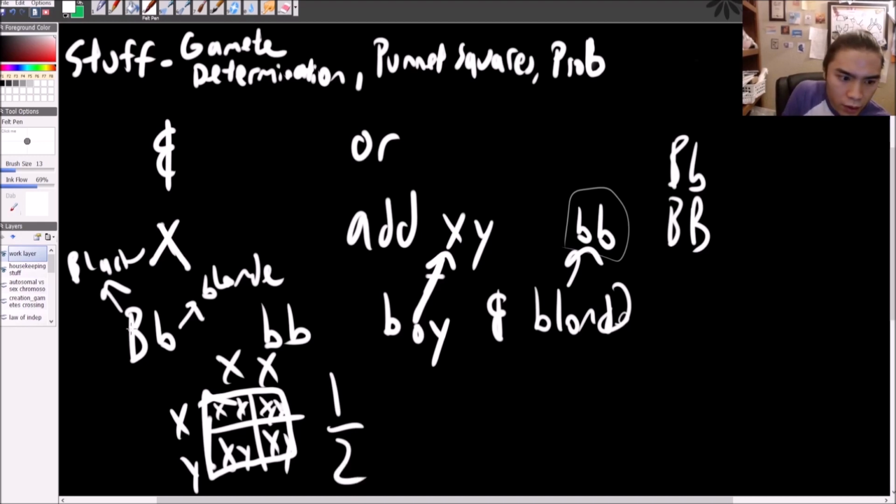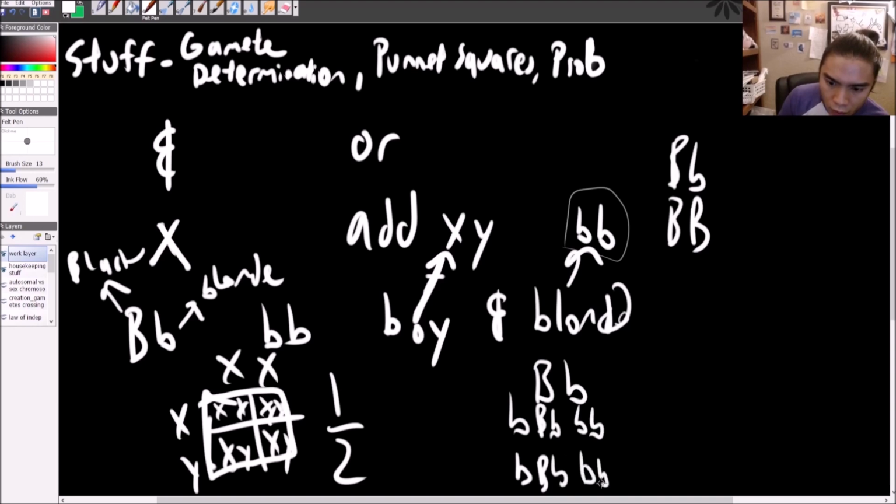And then for blonde, let's do this crossover here. B, B, B. It looks like half of the crossovers will produce a homozygous recessive for the little b allele, which means half of them will display the phenotype for blonde, right? But this is the "and" question, so now we multiply them.